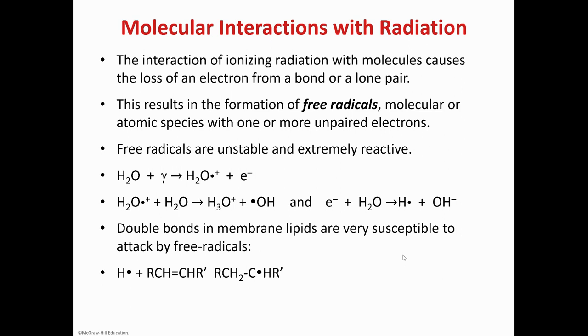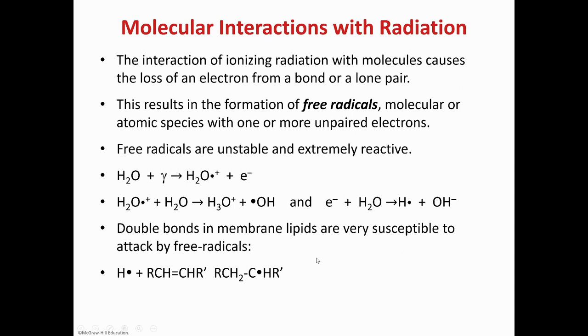So whether it's gamma or alpha or beta radiations, they can result in the formation of free radicals, which is a species, like I mentioned earlier, that has an unpaired electron, and it's going to go on to react with things.